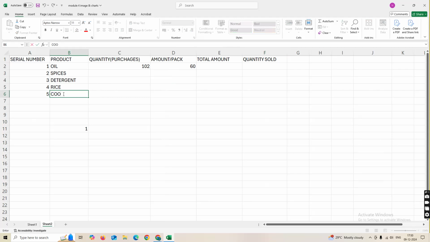Suppose cookies. Now I have random numbers 56, 24, 32, 54. I'm setting the amount randomly.